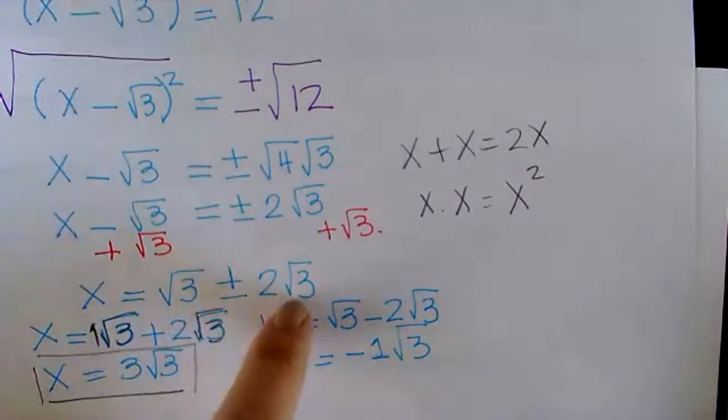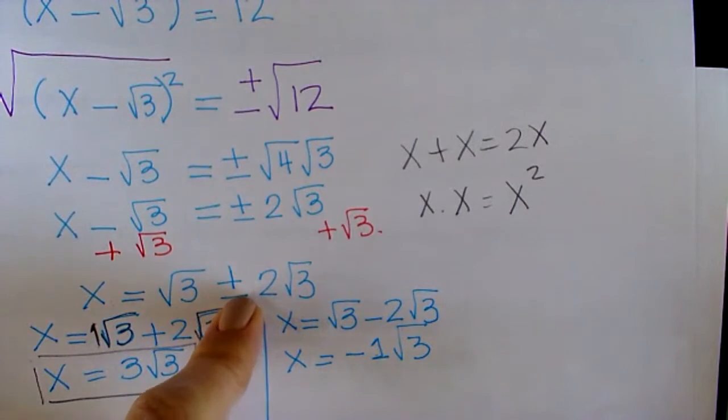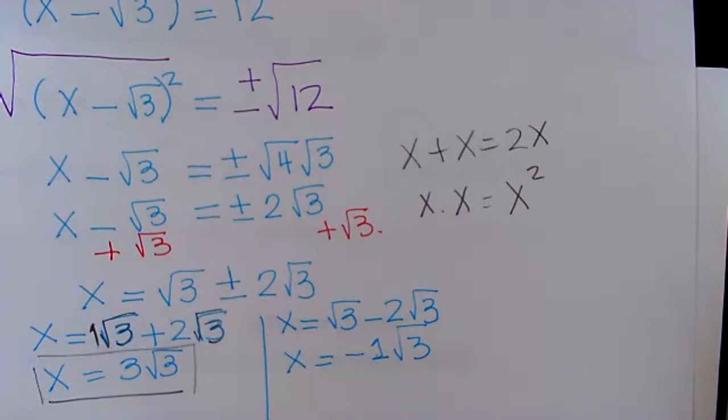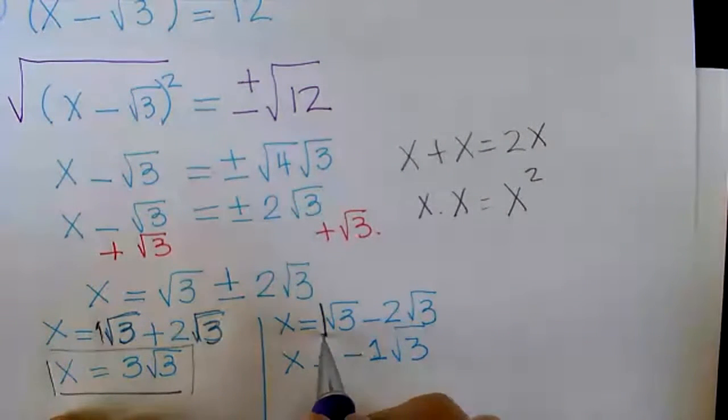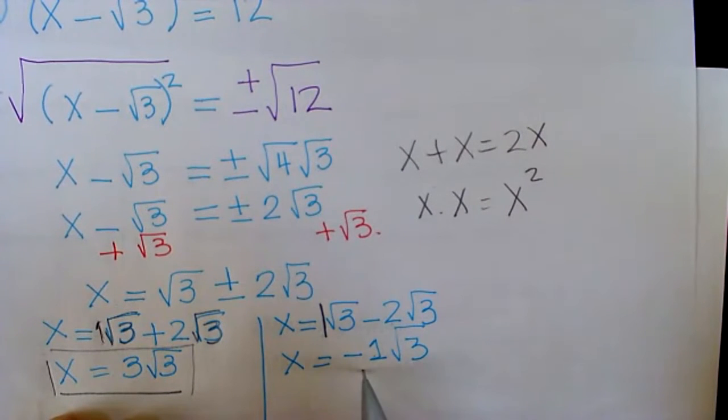Can you put the answers like this, plus and minus, or no? Oh, okay. I didn't know. Because 1 minus 2 is negative 1.